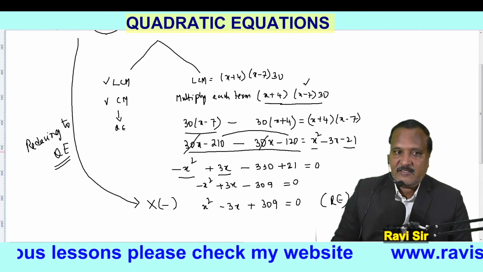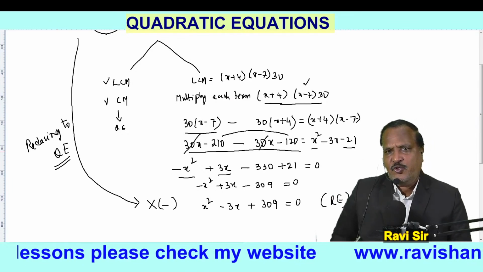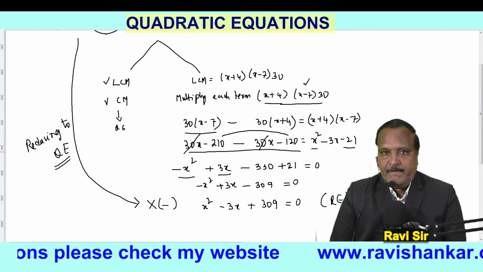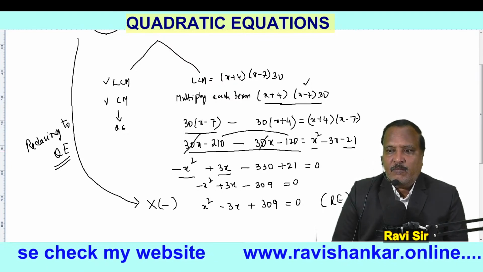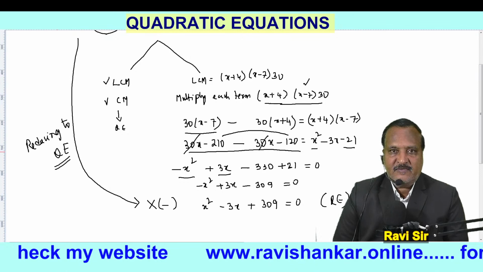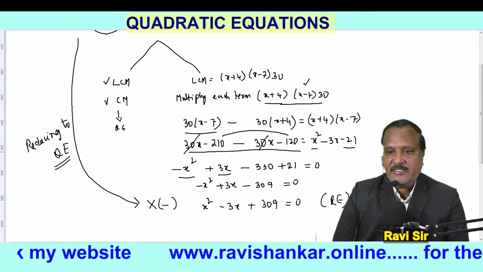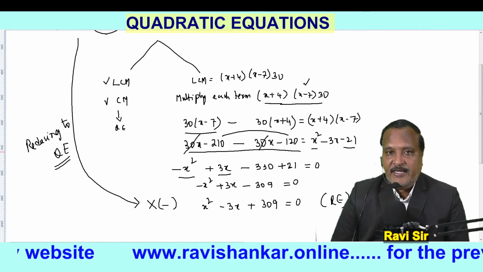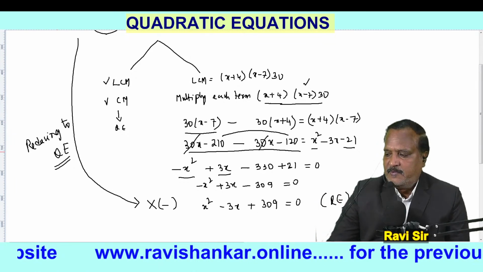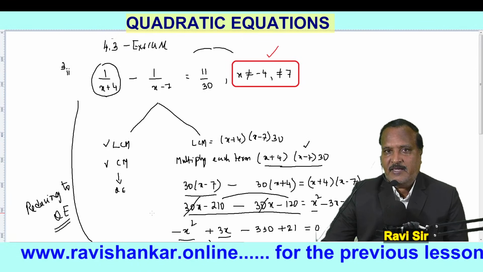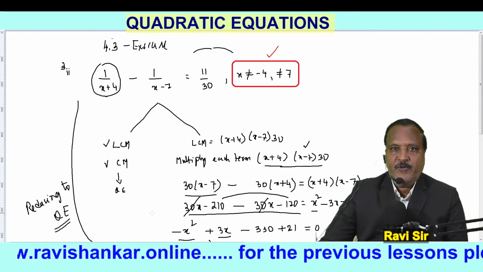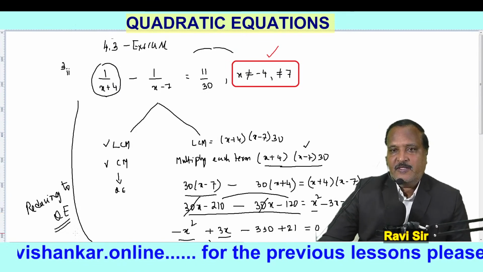Otherwise this concept has so many questions, and little complicated questions are also there. That is why CBSE must have removed this concept. Anyhow, this is the concept. It is not that difficult, but still, because time is there, you go through these problems also, right?